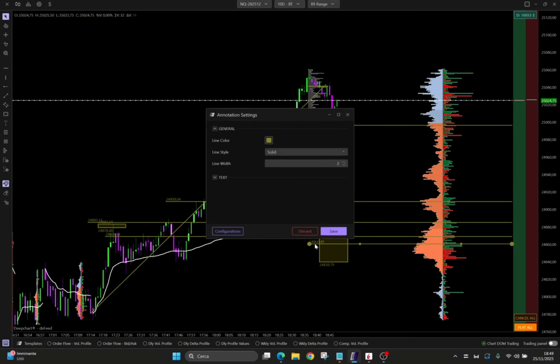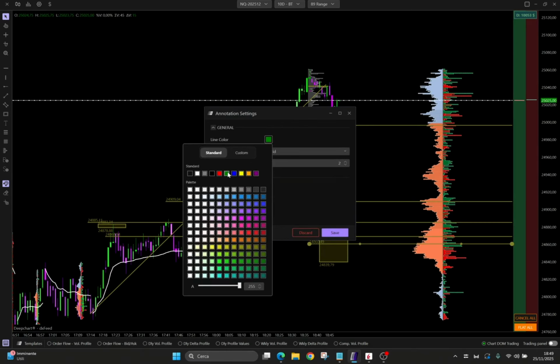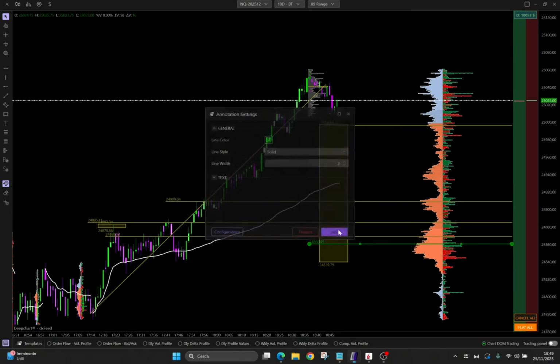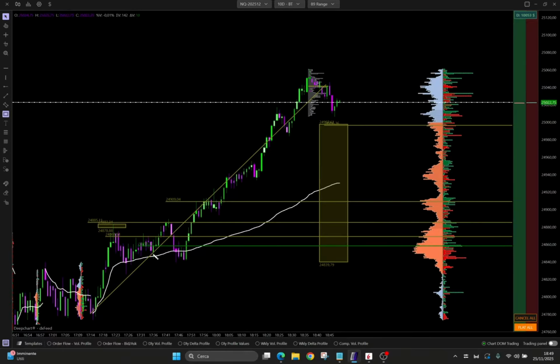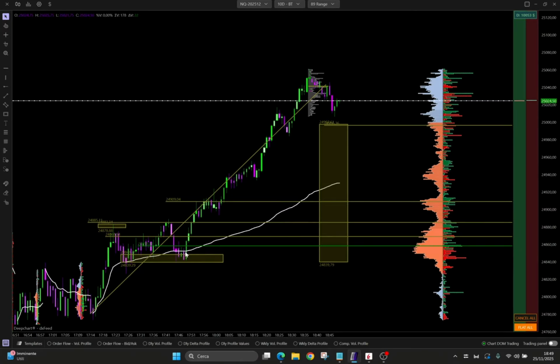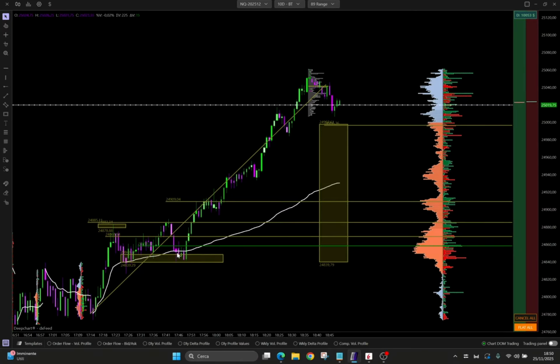I will make it green so we can take the exact horizontal point. This is the level, so I will make it precise and bring it here. Okay? Let's remove the magnet. Let's make it horizontal here. Perfect. Look where they build the most amount of delta. Exactly when the price was on the VWAP.